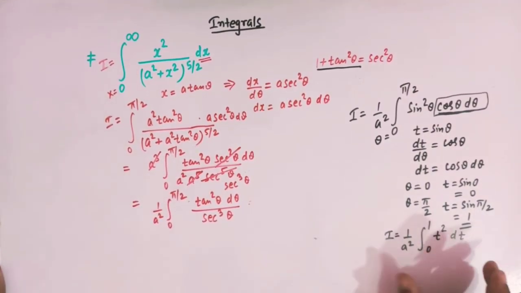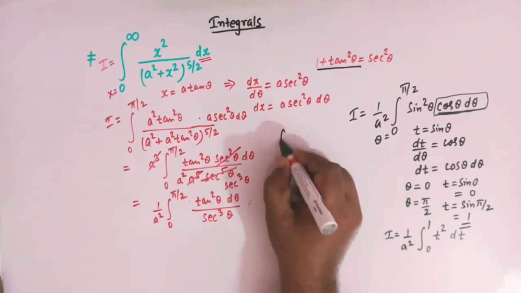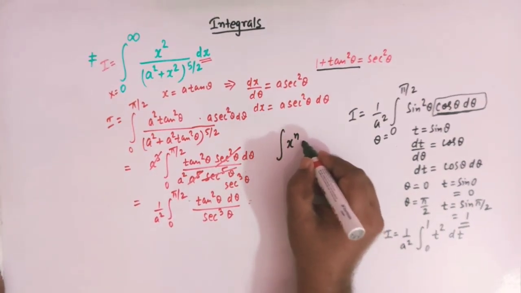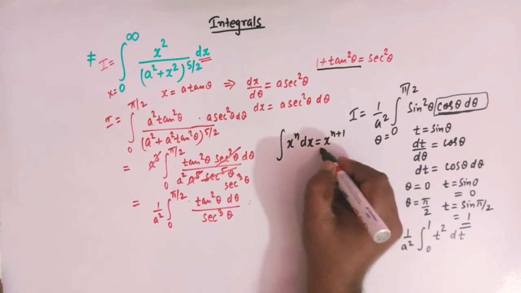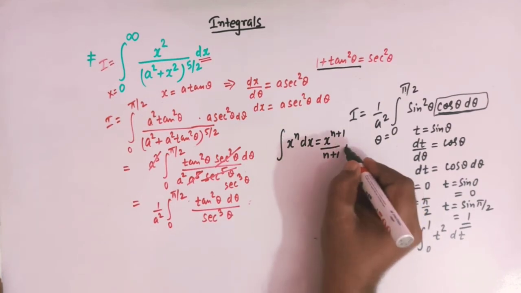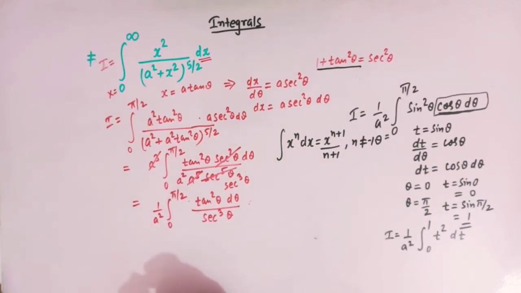So now we have a very simple integral here, and see, we know that the integral of x raised to n dx is x raised to n plus 1 over n plus 1, provided n is not equal to minus 1, right?